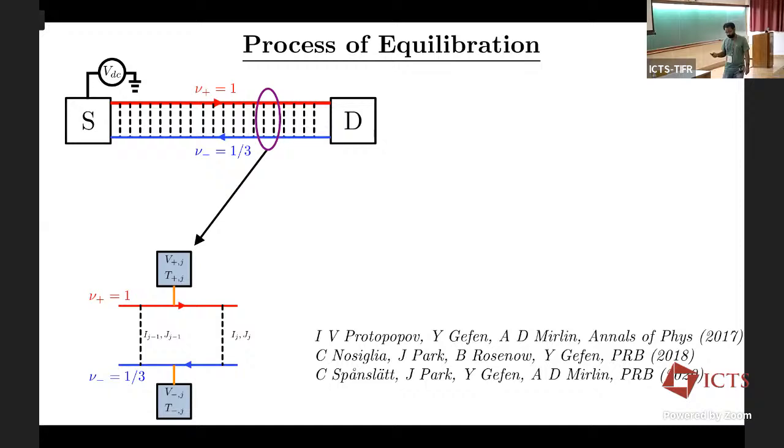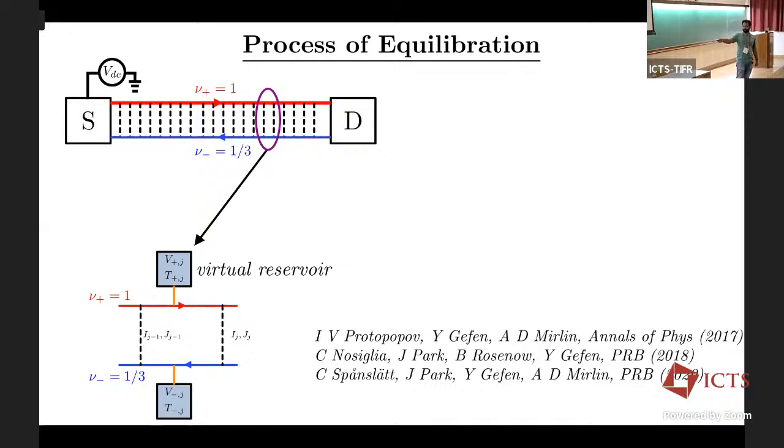I'm going to claim that if I take a virtual reservoir where its voltage and temperature I can tune, okay? And I can have a very weak tunneling bridge which allows current to flow from this virtual reservoir to the edge, okay? I'm going to change my V and T, okay?